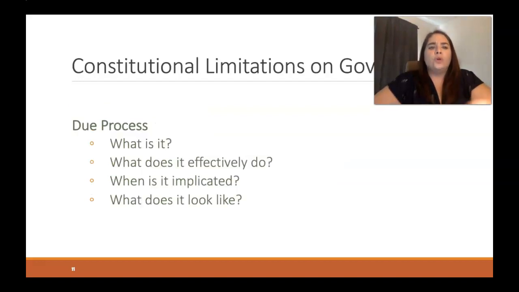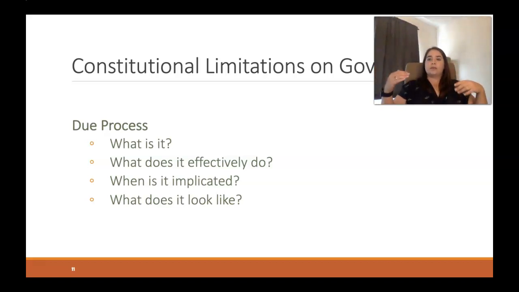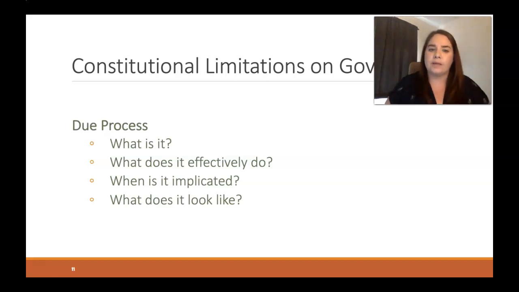Now, due process. What is it? What does it effectively do? When is it implicated? What does it look like? So due process is that procedural law that we talked about earlier. The law sets forth procedures that have to be followed in order for you to take away somebody's life, liberty, or pursuit of happiness.